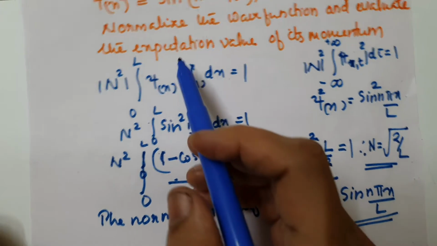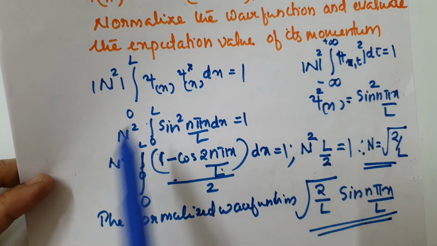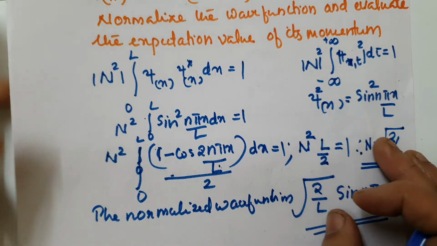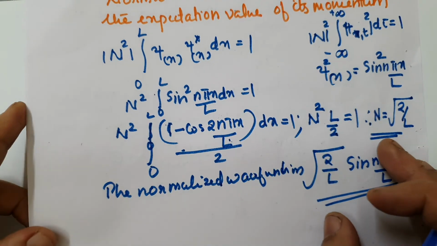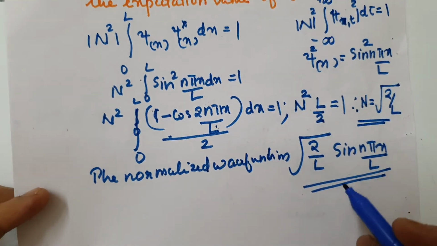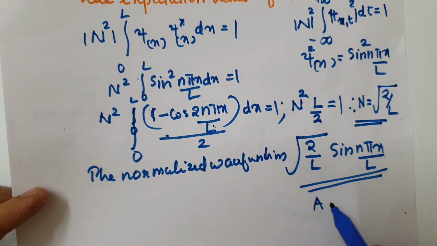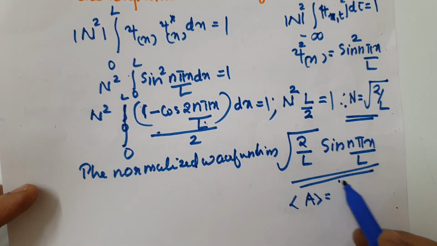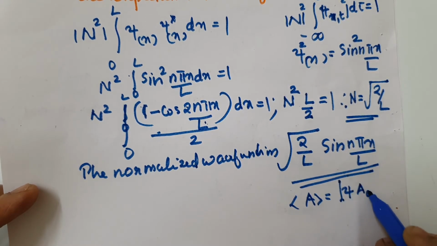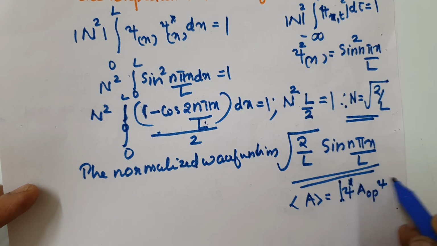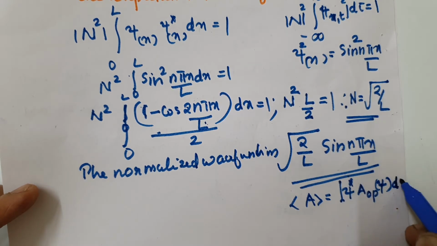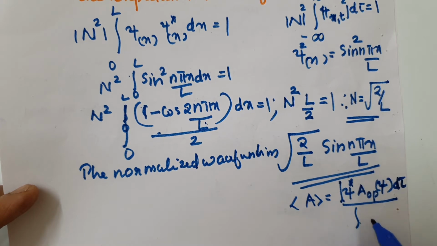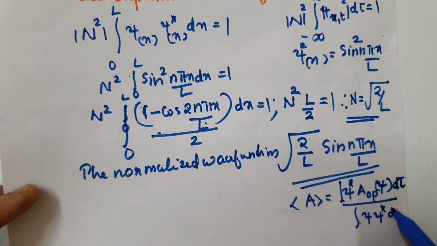Normalized wave function, and now evaluate the expectation value of its momentum. The expectation value can be generally represented: for a variable A and its operator A operator, the expectation value is the integral of psi star A operator psi d tau divided by the integral of psi star psi d tau.